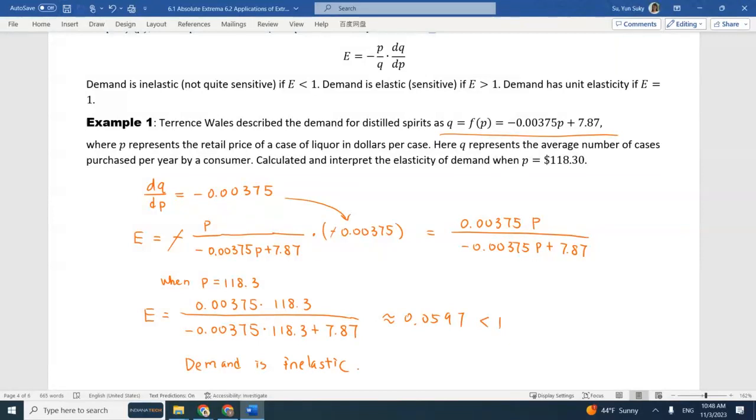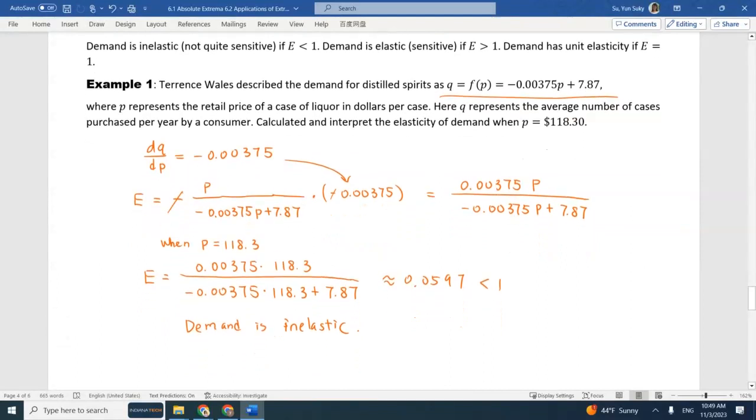So it's not quite sensitive; it's not so sensitive to the price change. Also, what does this elasticity mean? It means that if you have an increase in the price, then you have a decrease of the demand. Price goes up and then demand will go down.